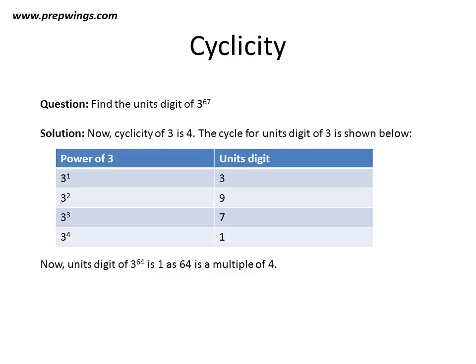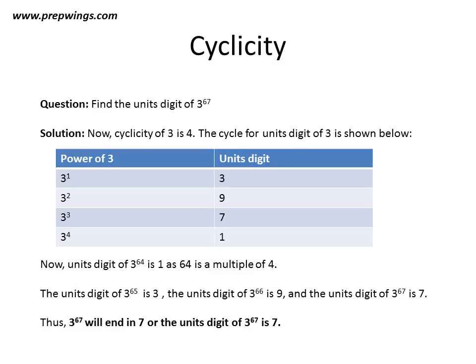Thus 3 raised to power 64 will end in 1 because 64 is a multiple of 4. Then 3 raised to power 65 ends in 3 because the cycle goes from 1 back to 3 at the top. Then 3 raised to power 66 ends in 9, and 3 raised to power 67 ends in 7. Thus the units digit of 3 raised to power 67 is 7.